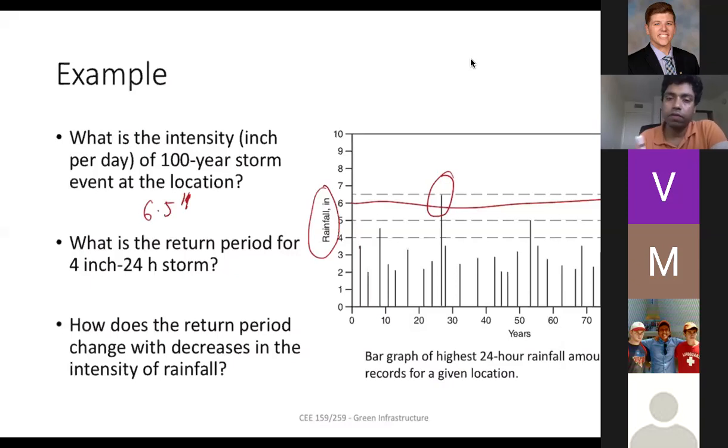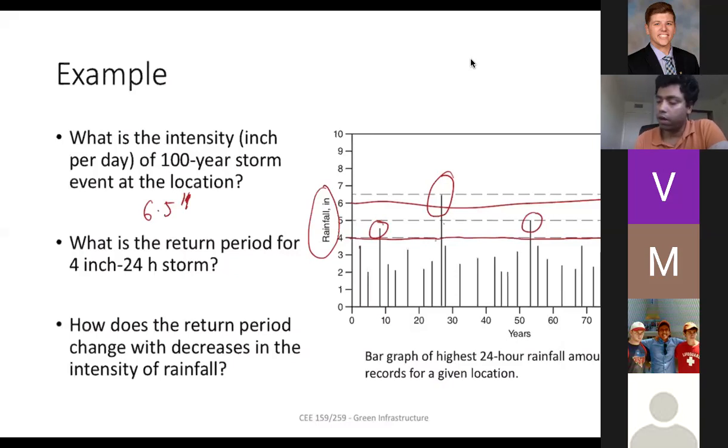What is the return period for a 4-inch, 24-hour storm event? Again, these are 24-hour storm events. If you see at 4-inch, if I draw a line here, you find 1, 2, 3 rainfalls in 100 years that exceed that 4-inch rainfall.